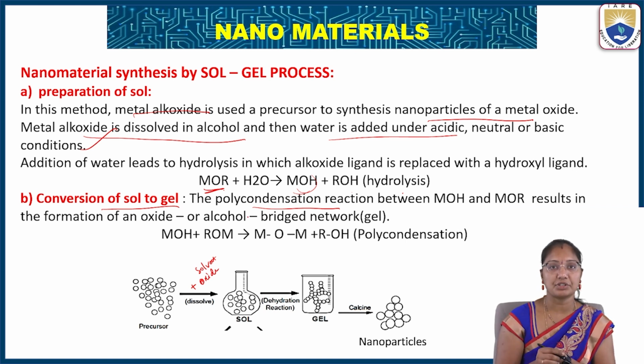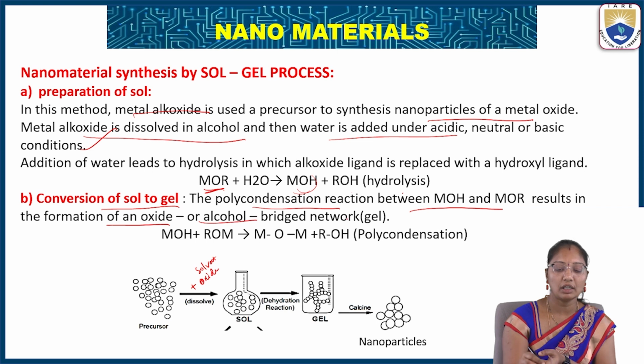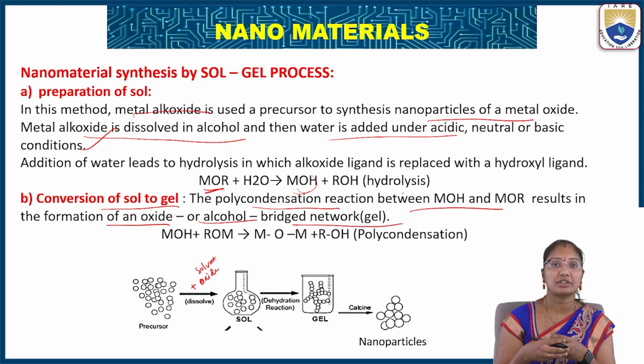So the polycondensation reaction between M-OH and M-OR results in the formation of an oxide or alcohol bridged network gel. Why? Because in the condensation reaction, it goes and binds with another compound and removes the water molecule. So by removing and forming the bond, it forms a network which is called a gel.